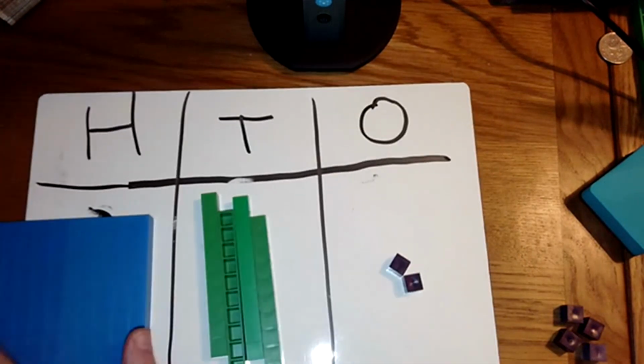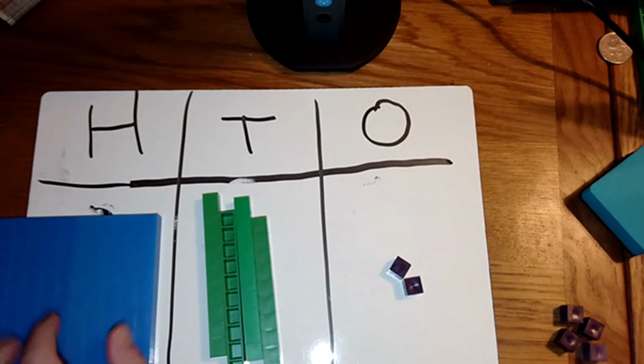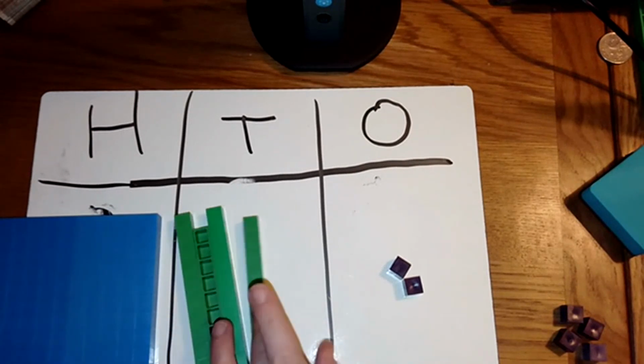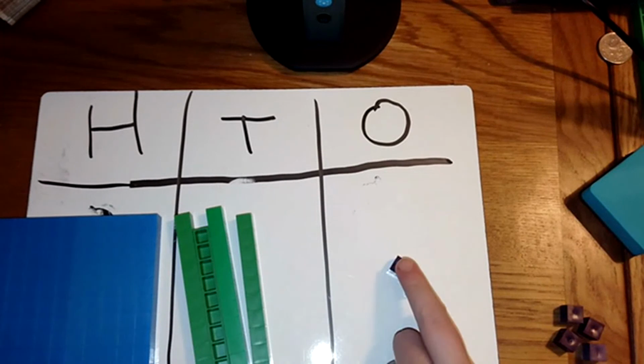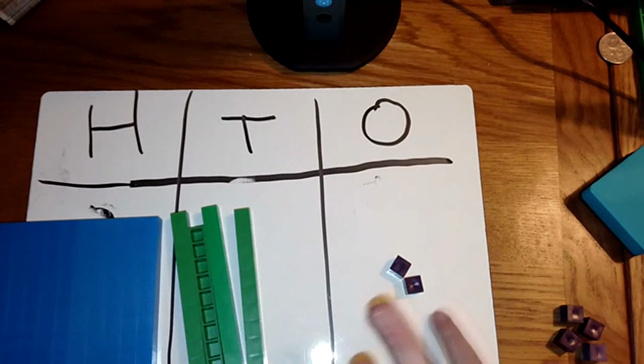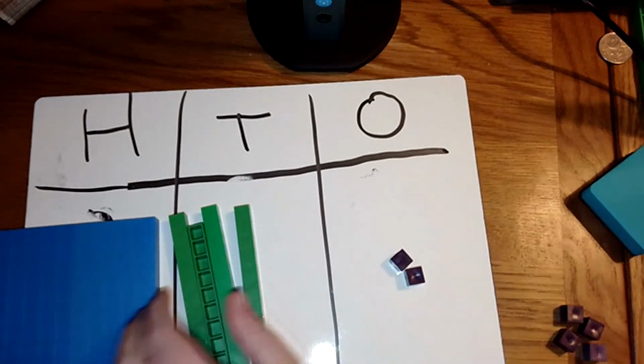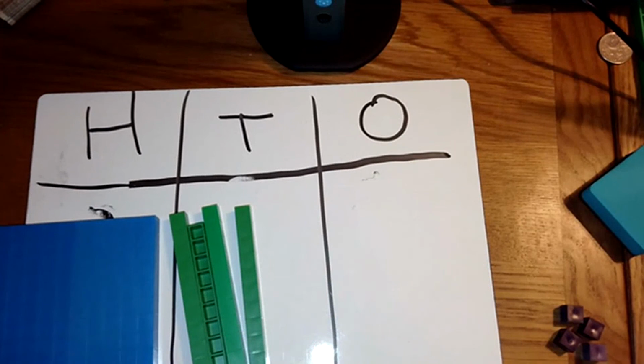How many hundreds? I have 1. How many 10s? I have 1, 2, 3, 4. How many ones? 1, 2. The number you can see is 100, 4 10s, 2 1s. 142.